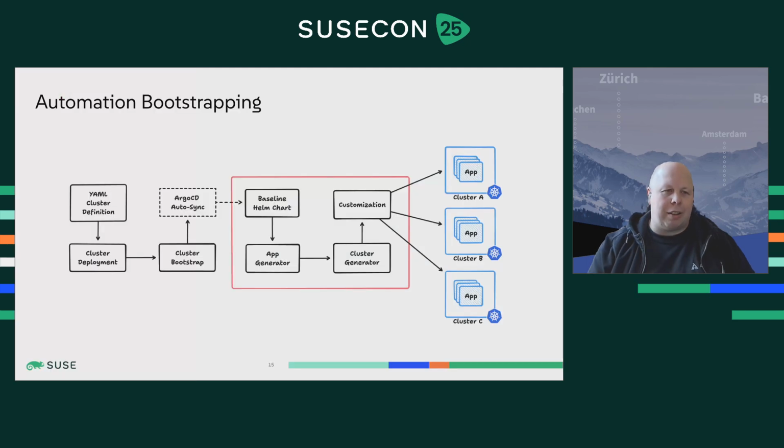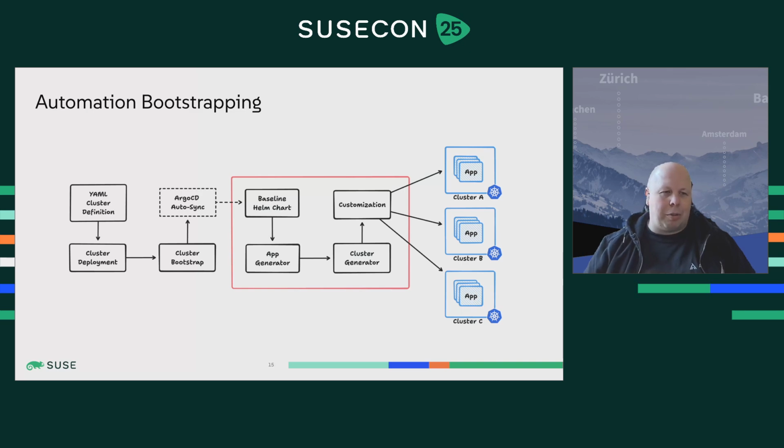So the next step is the bootstrapping, because you don't want to do all that stuff manually. In theory, the only thing that is really important is the customization, because that is something you need to choose for each cluster. It's not always easy to automate, since often the clusters are really individual, dependent on the workload and the size.